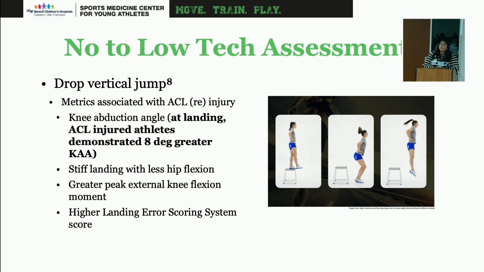A stiff landing with less hip flexion was noted, and we'll talk about that when we go into our higher tech assessments as well, and the importance of that. A greater peak external knee flexion moment was also noted, and then a higher Landing Error Scoring System score was also noted for those patients.